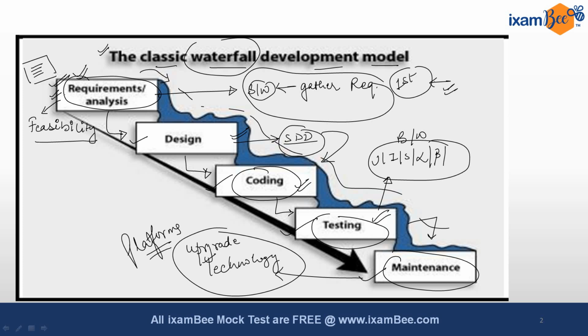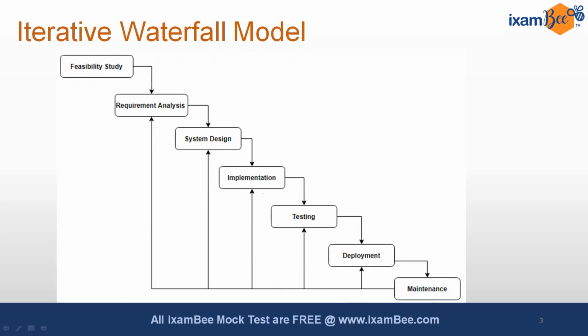So this is one of the drawbacks, that there is no going back. This was about the classic waterfall development model, the first model used to develop software. Then, looking at the shortfalls of the waterfall model, we got the iterative waterfall model. Here all the steps are the same, but you can see there are backward arrows as well.